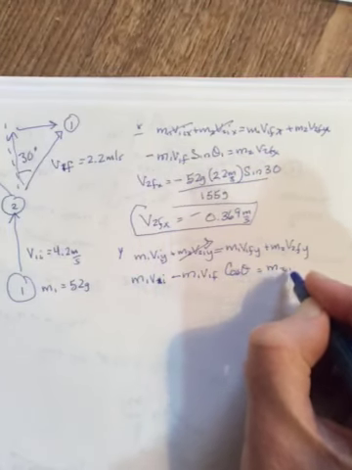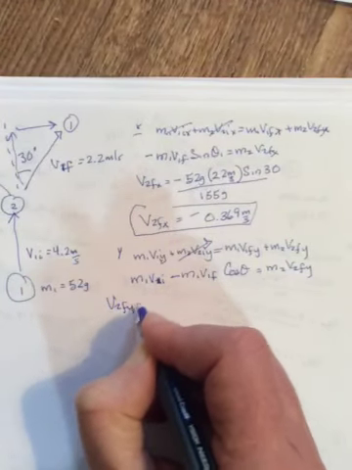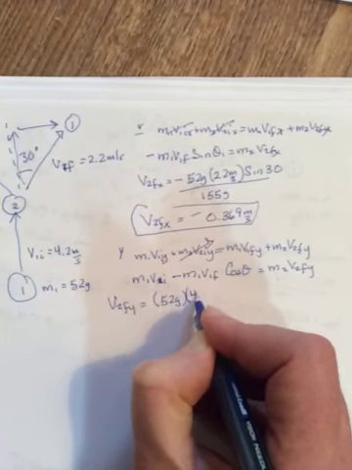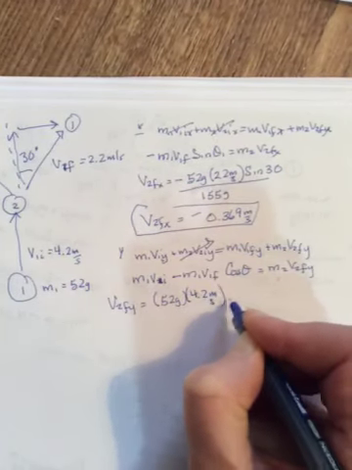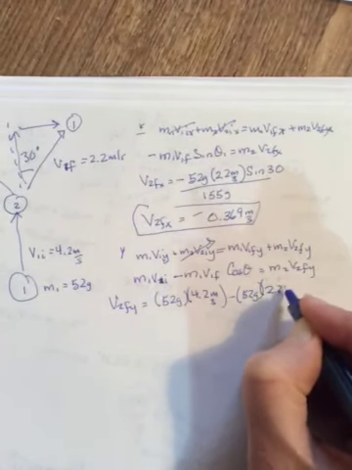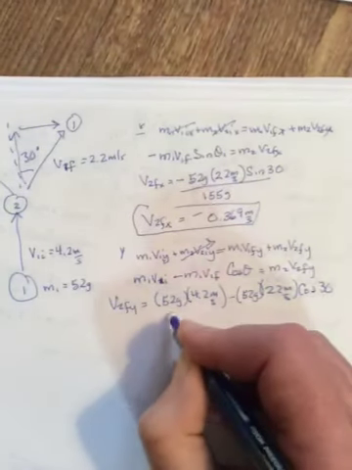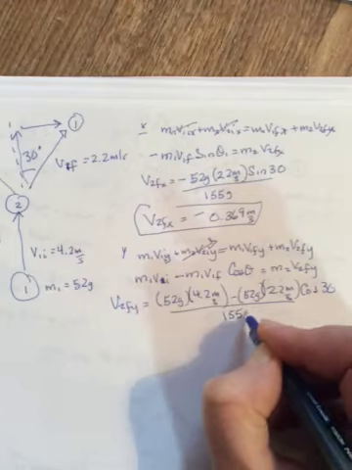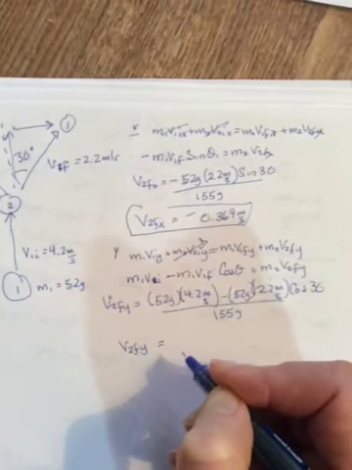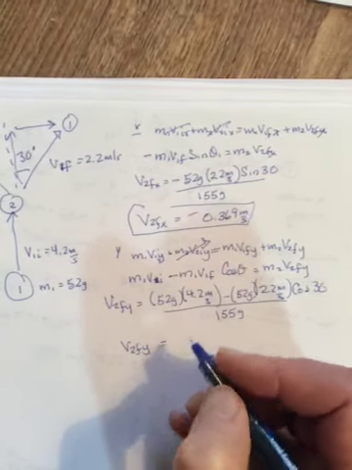And that'll equal m2 v2 final y divided by m2. So v2 final y will equal 52 grams times 4.2 meters per second, minus 52 grams times 2.2 meters per second, cos of 30, divided by 155 grams. v2 final y equals 0.769.